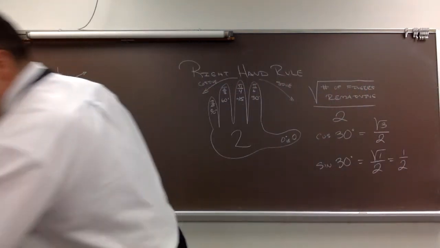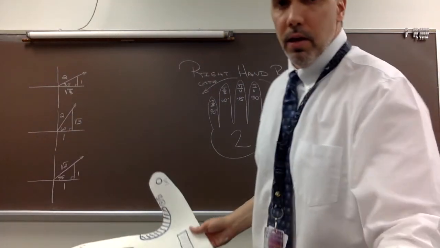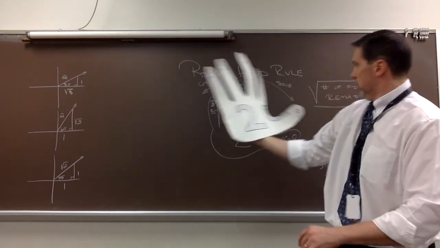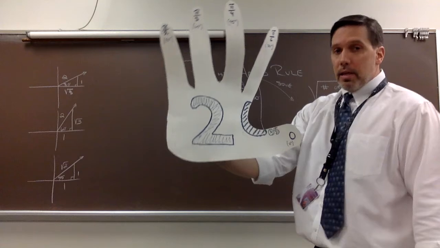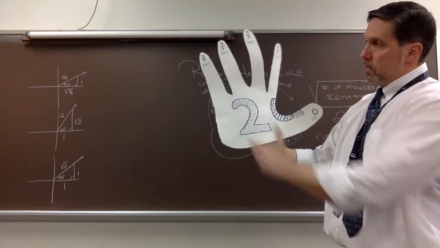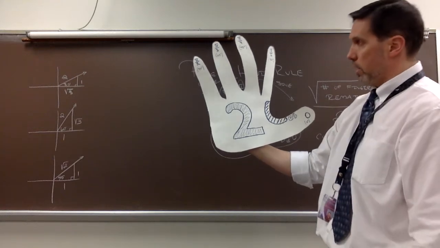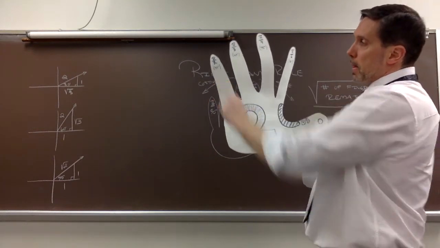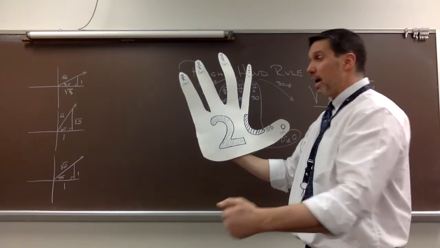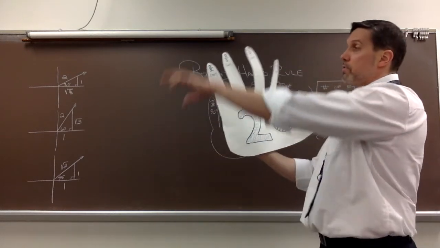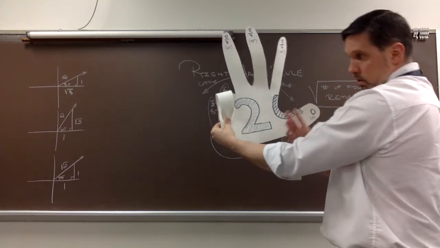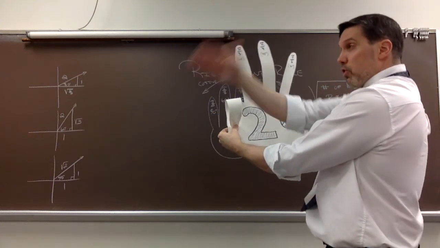Now, this particular picture here is the hand, an enlarged version of it. The idea is, it just helps in illustrating this point. And we can do any angle, even the quadrantals. So for example, let's say you totally forgot what the sine of pi halves is or the cosine of pi halves. Well, we just put this finger down, and then we count, if we're doing cosine, the number of fingers to the left.